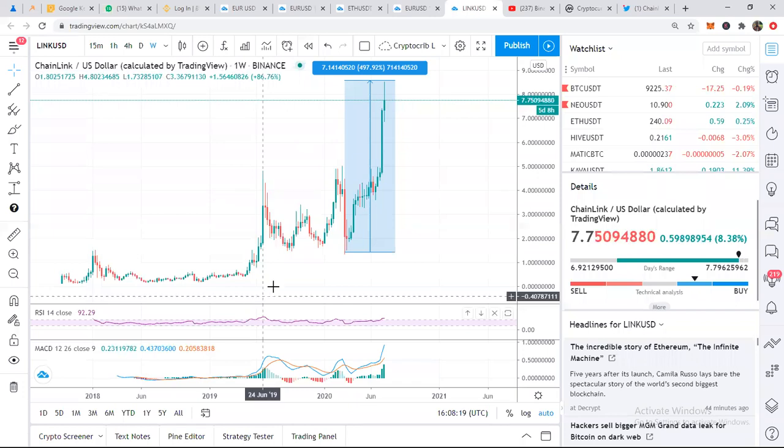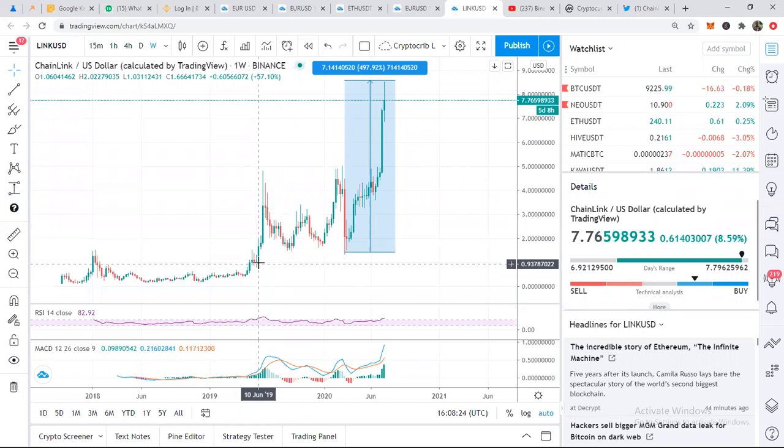This is the 10th of June. Because it's weekly, that's 7 days, so let's take the 13th of June as the 10th of June here, because the next candle is the 17th of June.